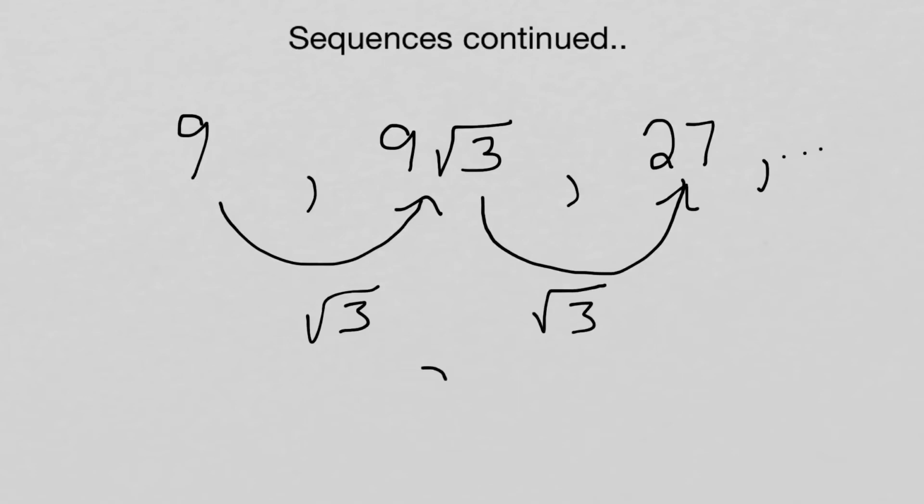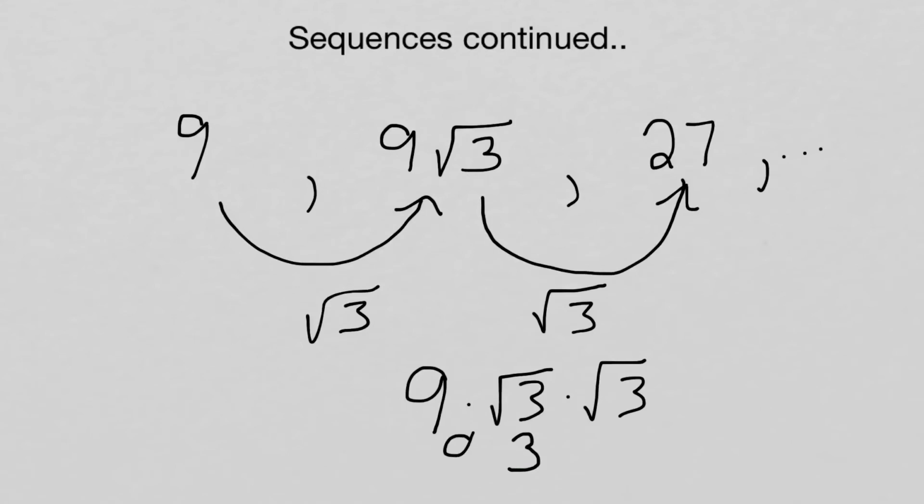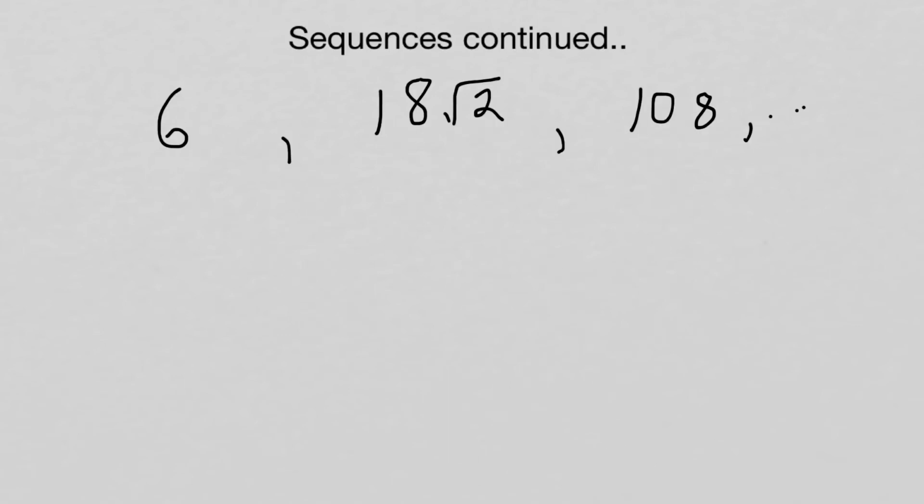I'm going to write it down here: 9 times the square root of 3 times the square root of 3. And if you remember, square root times square root just gets rid of the square roots. So it's 9 times 3 equals 27. So that works. The answer is square root of 3.